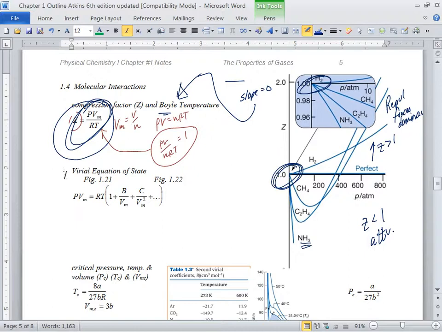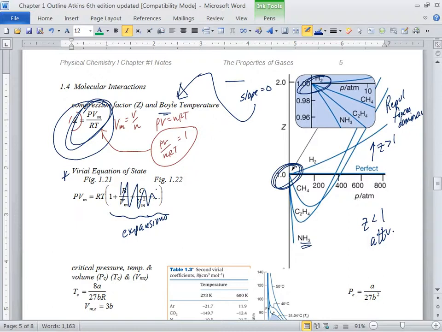Virial equation of state. They call these expansions. I don't know how much experience you've had with expansions, but if you get rid of these terms, just block them out, you have the ideal gas law, right?